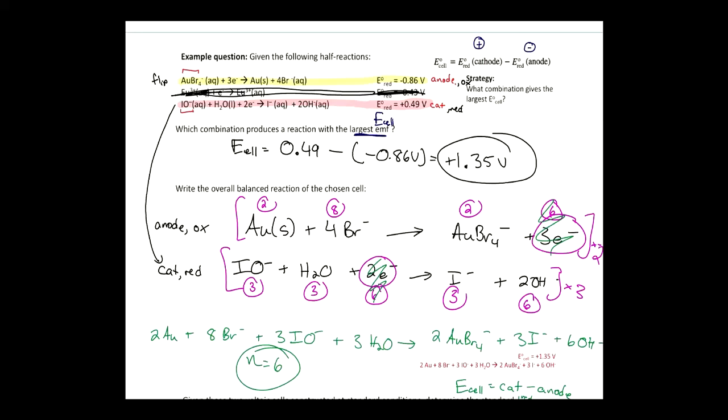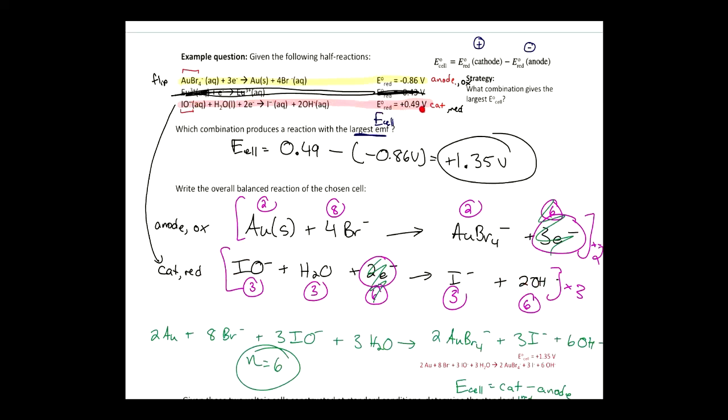So we have to flip the anode reaction because it is actually being oxidized in our electrochemical cell. So we flipped this reaction and added the oxidation reaction to the reduction reaction as written, because it's already in the reduction form, and then multiplied by the appropriate multiplier to get those electrons to cancel. So I want you to recognize that this is our reduction reaction.